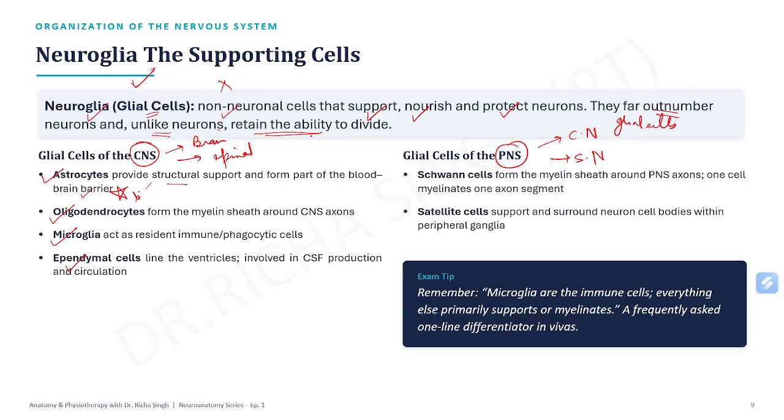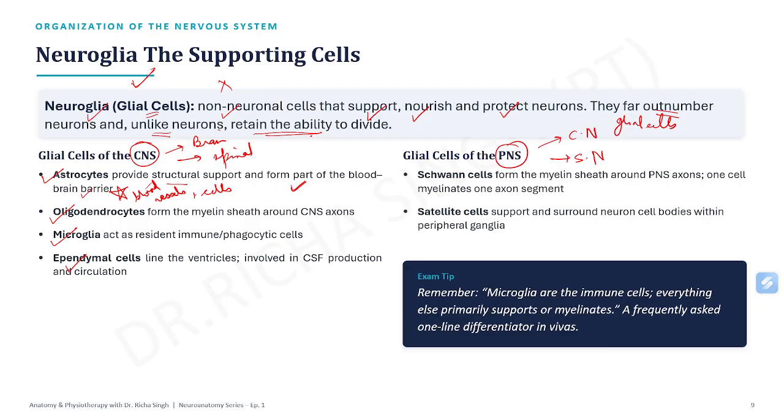The blood-brain barrier is a system of blood vessels that protects your brain from any kind of infection. It contains blood vessels and also some types of immune cells. So astrocytes form a major part of this blood-brain barrier, and help to give structural support to the neurons.